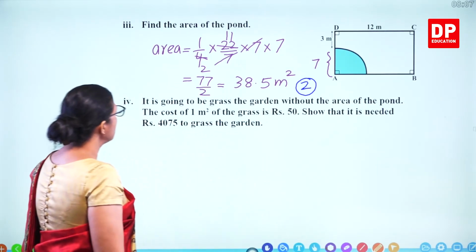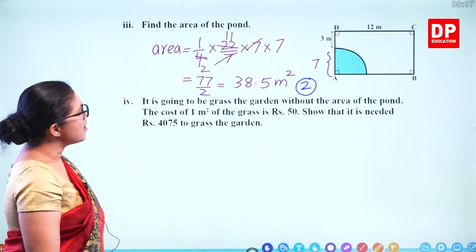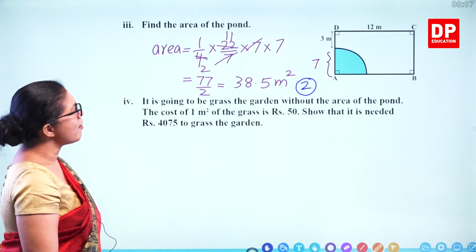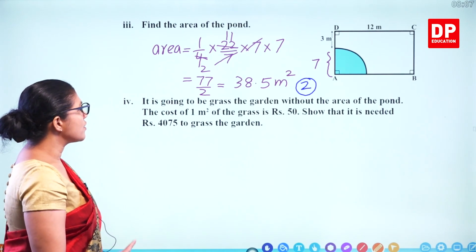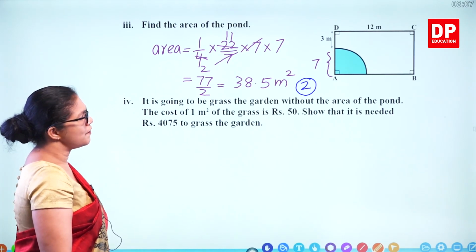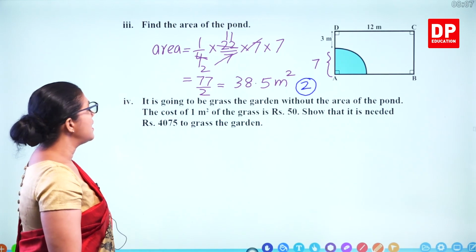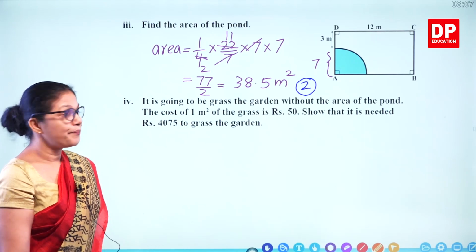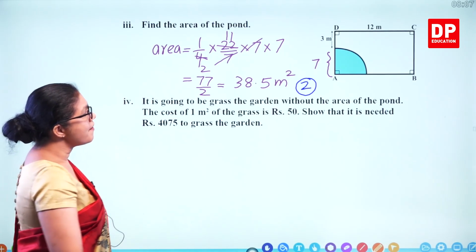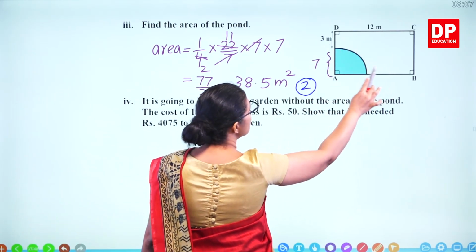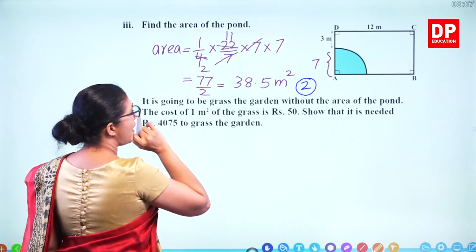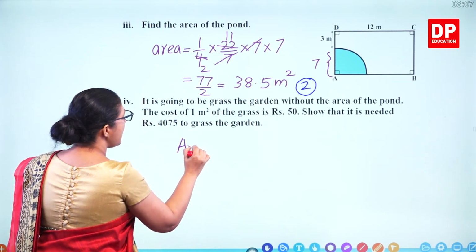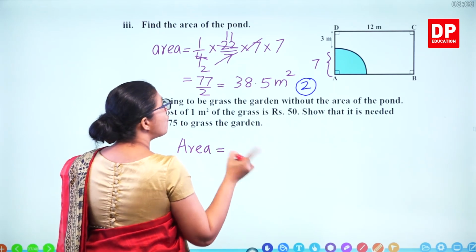Now the last part. The garden is going to be grassed without the area of the pond. The cost of 1 square meter of grass is 50 rupees. Show that 4075 rupees is needed to grass the garden. So we first have to find the area of this unshaded part. Area is the full area.